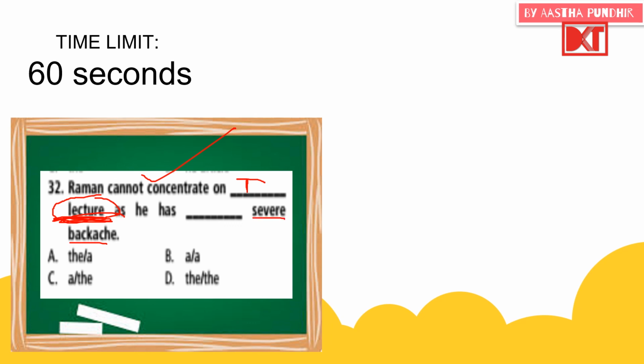So here we use an indefinite article. Talking generally about a backache, right? So we are giving a general reference. So he has a. We use the article as per the sound. The sound is of a consonant, severe. So we use a. So the correct answer here is A. Raman cannot concentrate on the lecture as he has a severe backache.